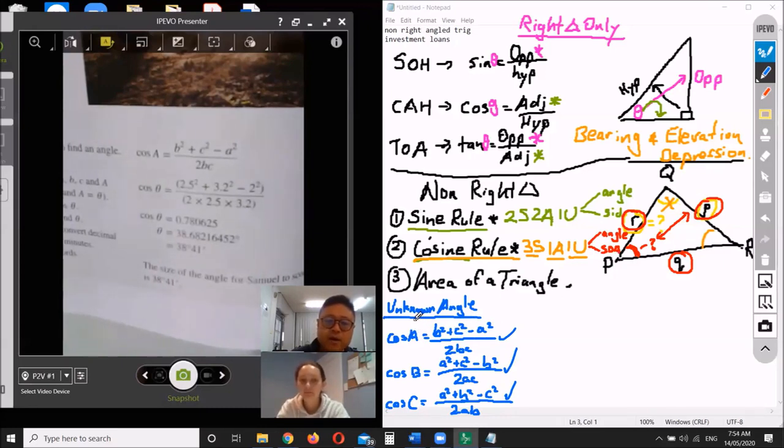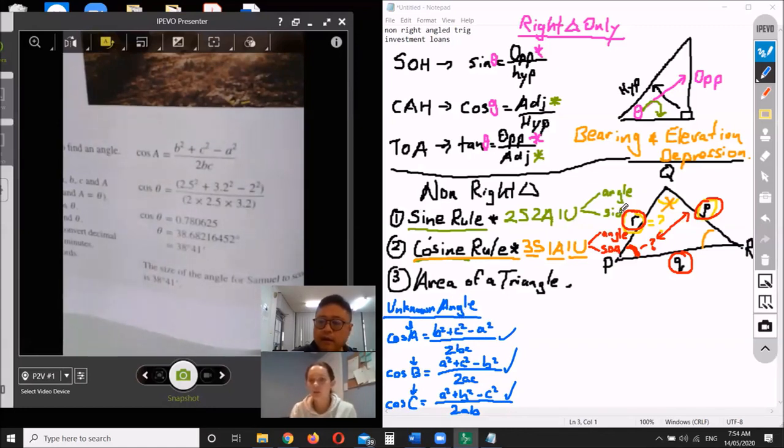Your unknown will always be your A if you're using this formula, B if you're using this formula, C if you're using this formula. That would be the side opposite your unknown angle, and these would be the other 2 adjacent sides. Can you just relabel your triangle?